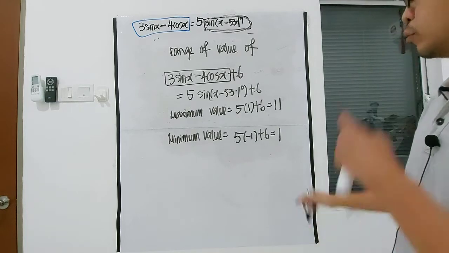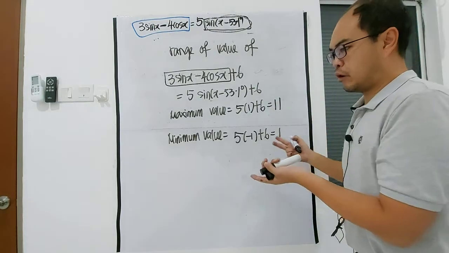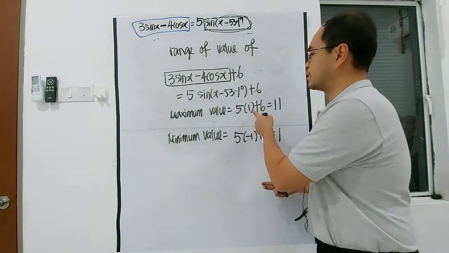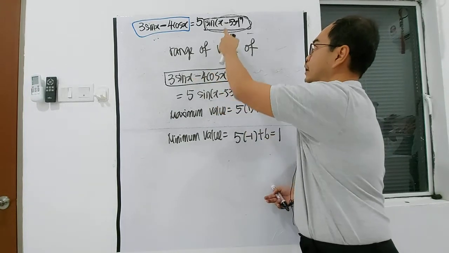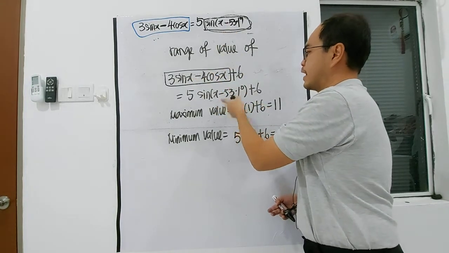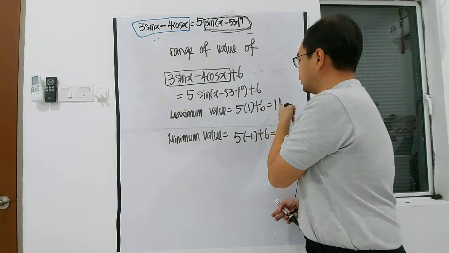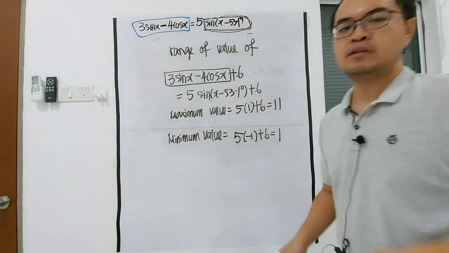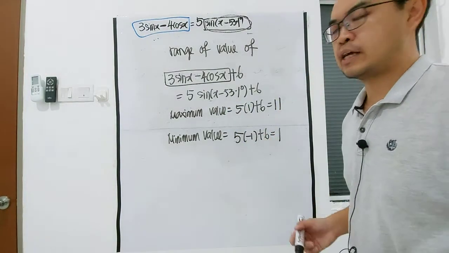Negative 5 plus 6 is 1. If you're confused, you just substitute values of 1 and negative 1. You try and error first. The bigger value, of course, will be the maximum value.